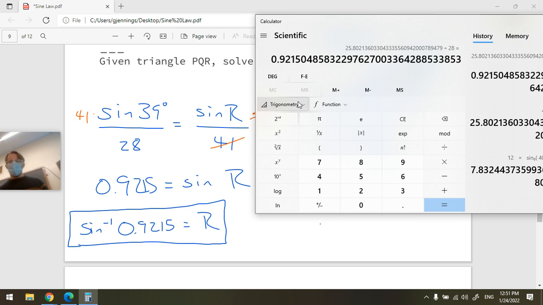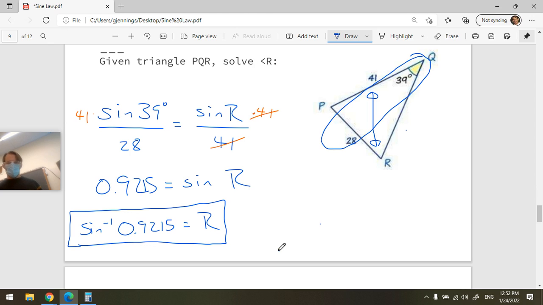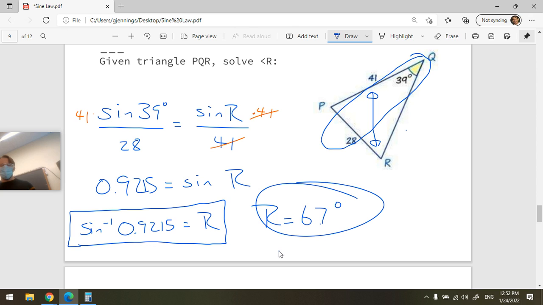Then I go second function, sine inverse of that. Tells me 67 degrees. So my guess of 53 degrees was not absolutely horrible, but it was pretty junk. I could do a lot better with my guess next time. So 67 degrees. That's r. Accurate to 1 degree should be fine. So r equals 67 degrees. Done. Final answer.